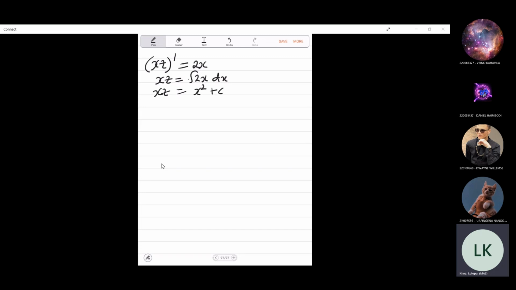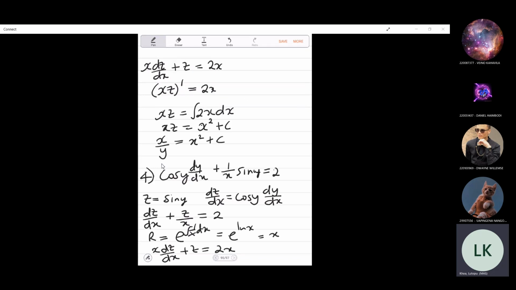So we have x sine y is equal to x squared plus c. Okay, so that is pretty much how we solve all our Bernoulli equations. Then let's look at some more.